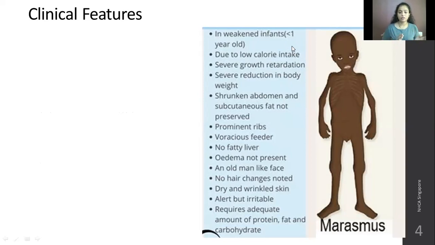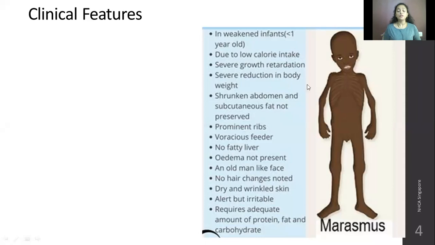They are at the highest risk of catching marasmus. When a malnourishment happens in a child who's in this given age from 6 months to 18 months, usually it is marasmus. And when a child is much more developed, about 3 to 5 years, in that cases they acquire kwashiorkor.